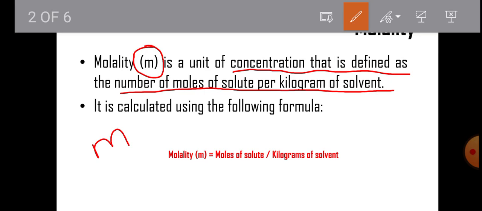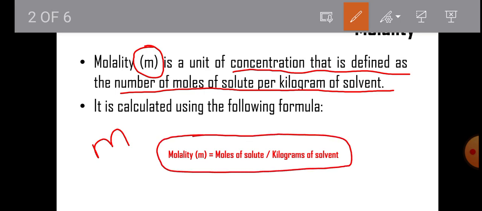It is expressed per kilogram of solvent, in terms of kilograms, right? And molality can be calculated by the formula, what I am marking in the box. Molality is equal to moles of solute by kilogram of solvent.